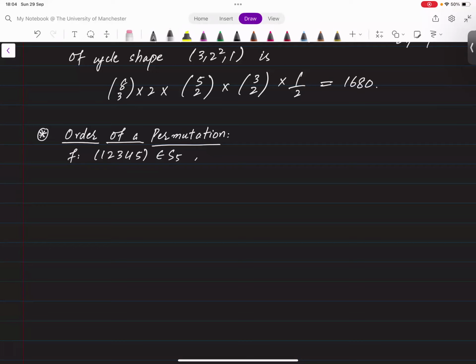So F power 5 sends 1 to 1, 2 to 2, 3 to 3, 4 to 4, and 5 to 5. That means F power 5 is nothing but I, the identity permutation.